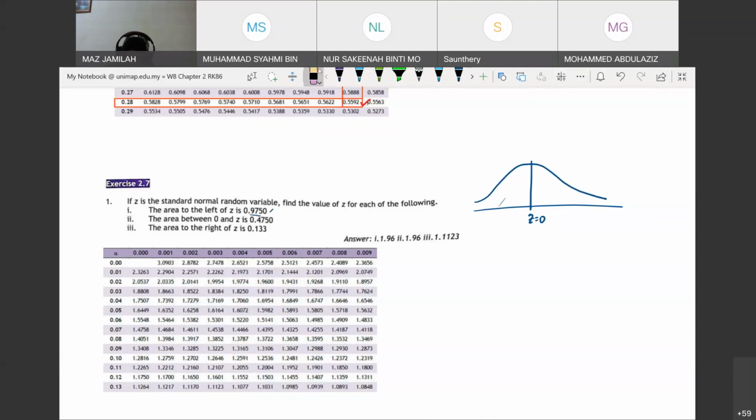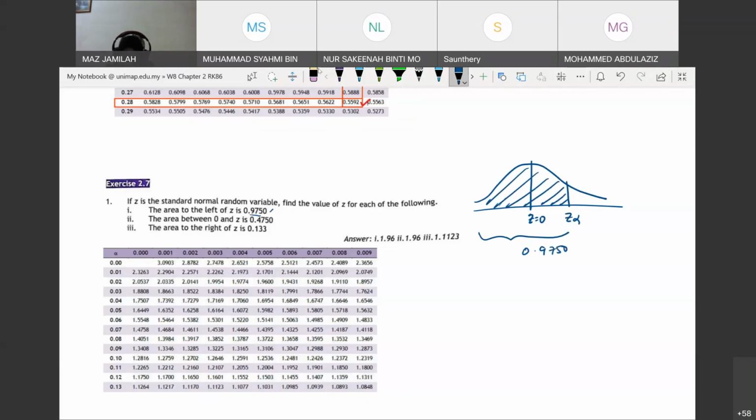So we take another z alpha, let's say somewhere over here. The probability, or the area to the left of z, is this part, 0.9750.